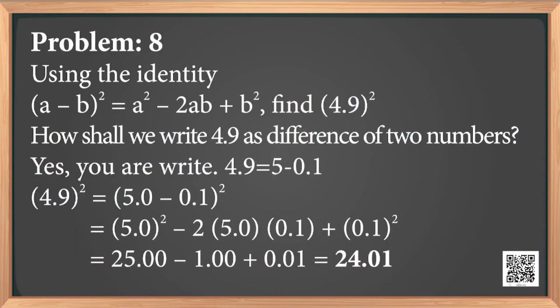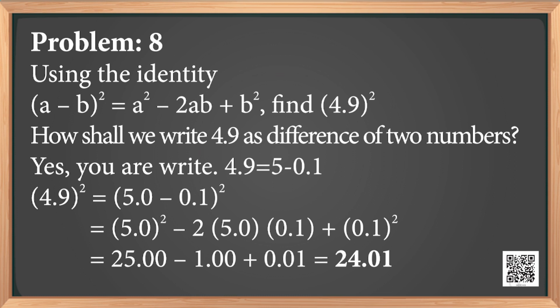Problem number 8. Using the identity (a − b)² = a² − 2ab + b², find 4.9². How shall we write 4.9 as a difference of two numbers?